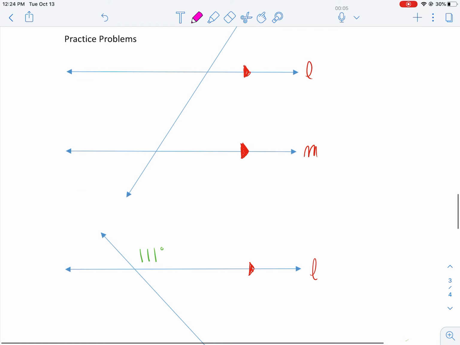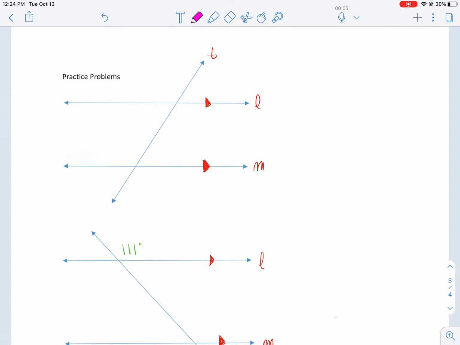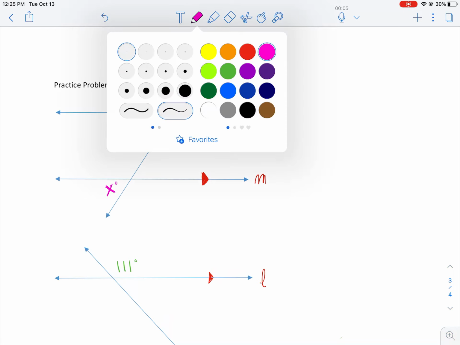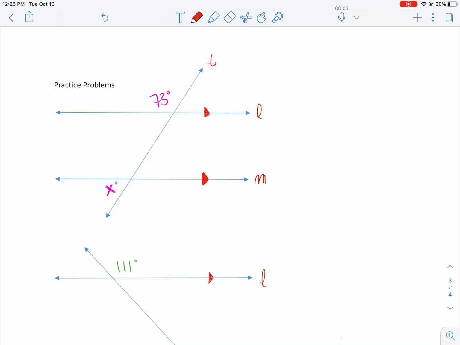Okay, let's get some examples here. Okay, so in this first example, we have 73 degrees, and I want to find what x is. Okay, so in order to find that, we're going to have to work through some of these things we just saw here.